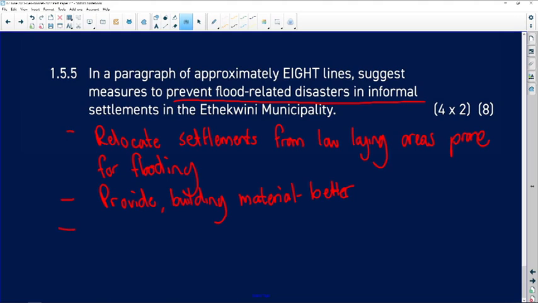Once again, the government can provide better housing, provide better infrastructure.